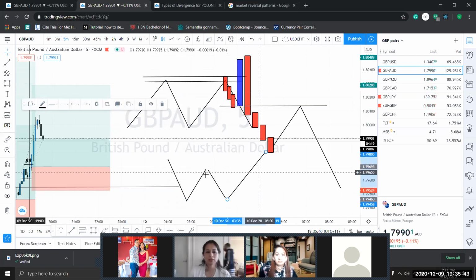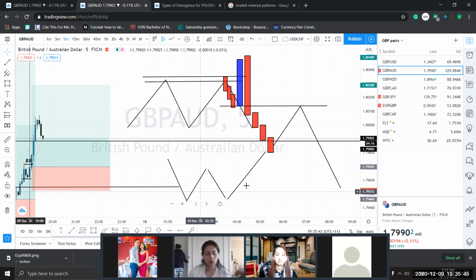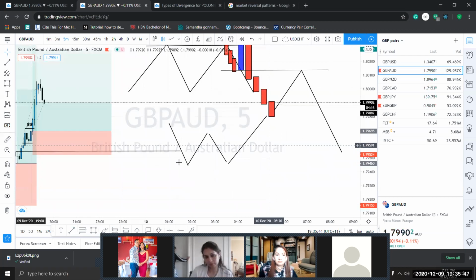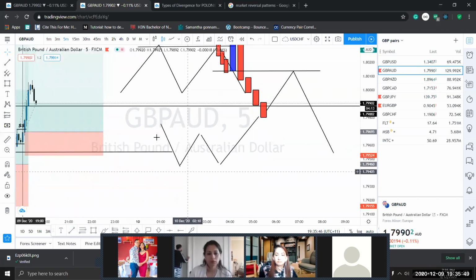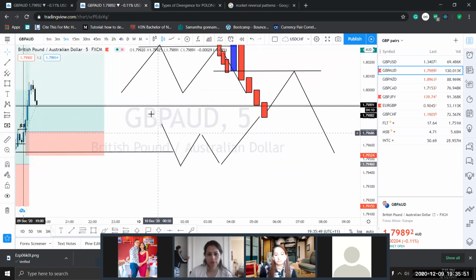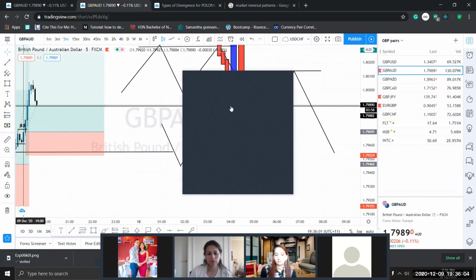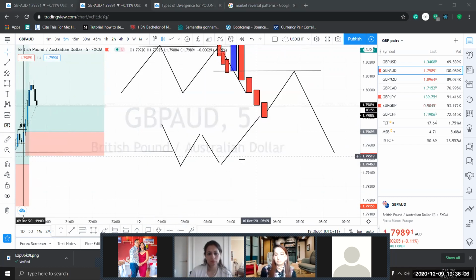It means the market will either go up or go down. Most of the time when this W forms, the buyers or sellers have taken their profit. That means when they took their profit, the market does not want to go down.